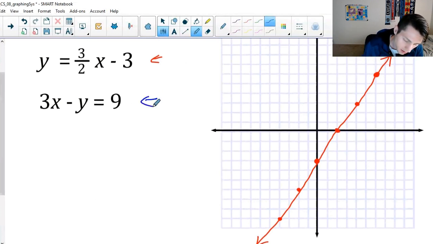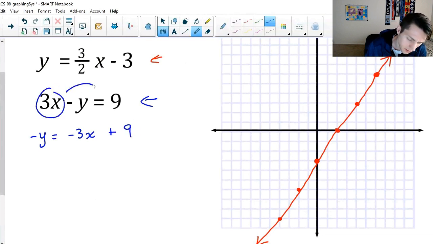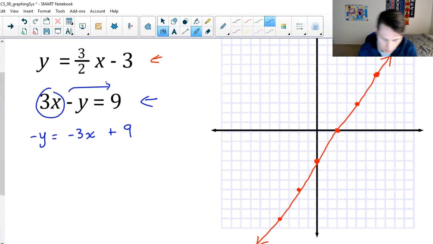As for this second equation, it's not in slope-intercept form, but that's okay. Let's just go ahead and put it into slope-intercept form. So I took my 3x and moved it to the right side by subtracting it from both sides. And then I have negative y, so I'll multiply everything by a negative.